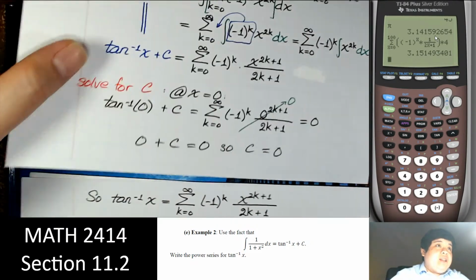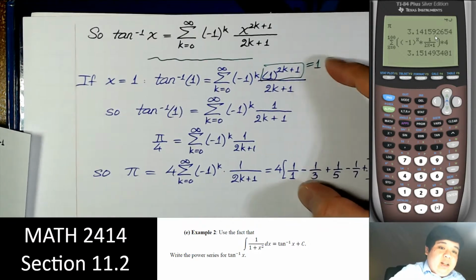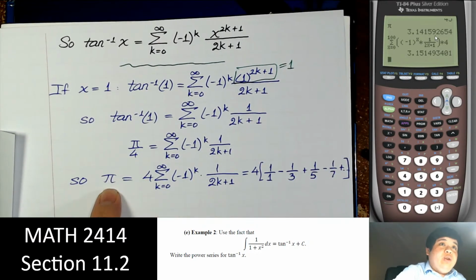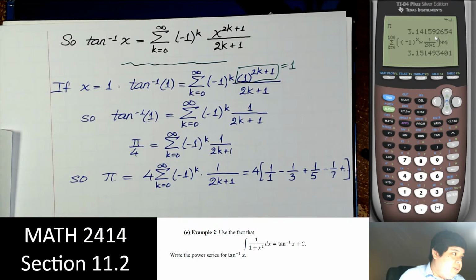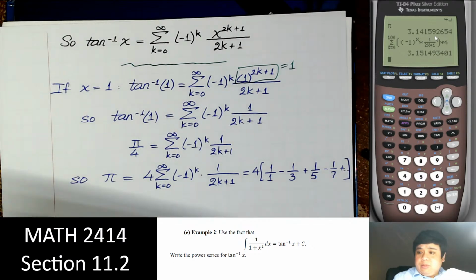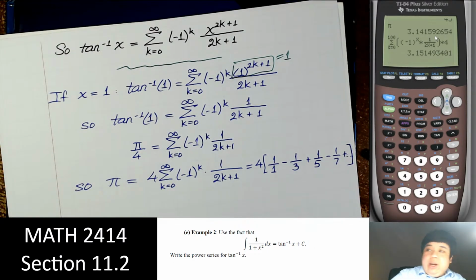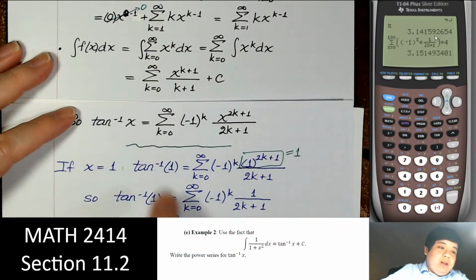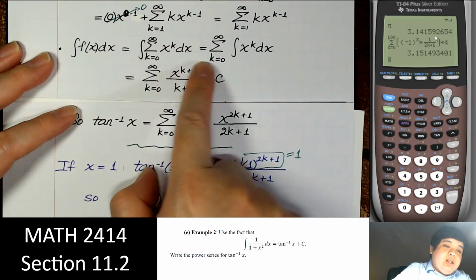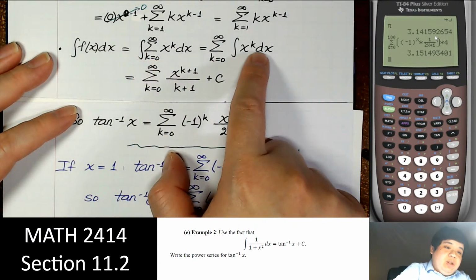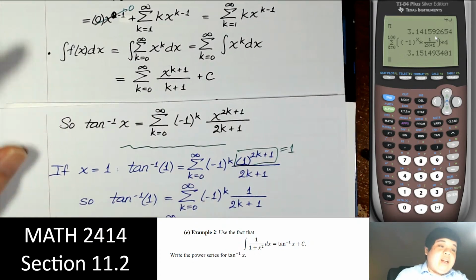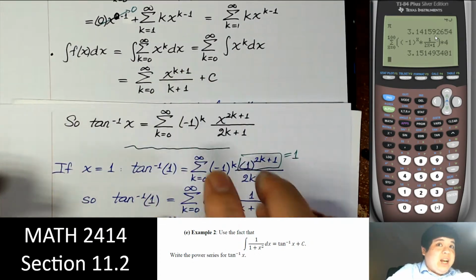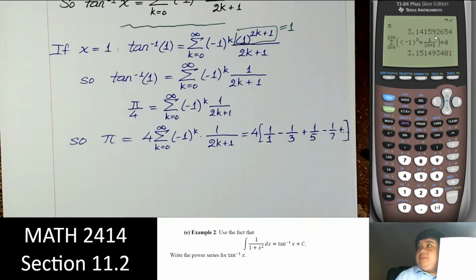This part is historically significant, because that's the way to estimate pi. But the point here is we can integrate term by term, or we can differentiate term by term. Just like the last problem, when we integrate every term in the series, we just integrate that, and that's it. Just integral, and k is a constant.